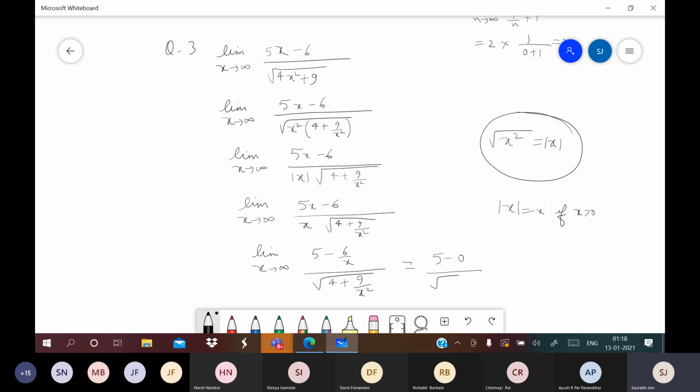So this is what you will get after putting x as infinity, and the final value will be 5 by 2. So it is an important question to remember, and remember this concept as well. Root of x square is mod x, and mod x is x if x is greater than 0. Okay, note this.